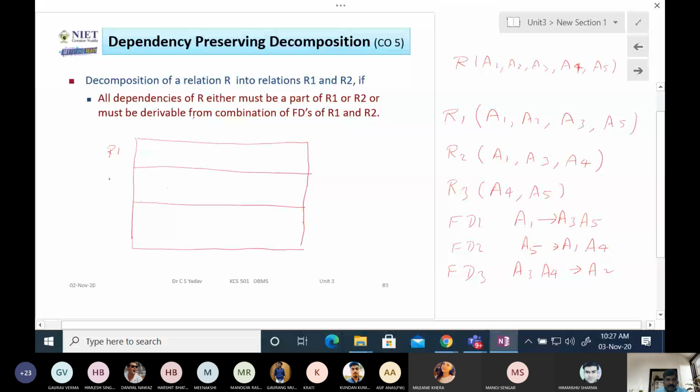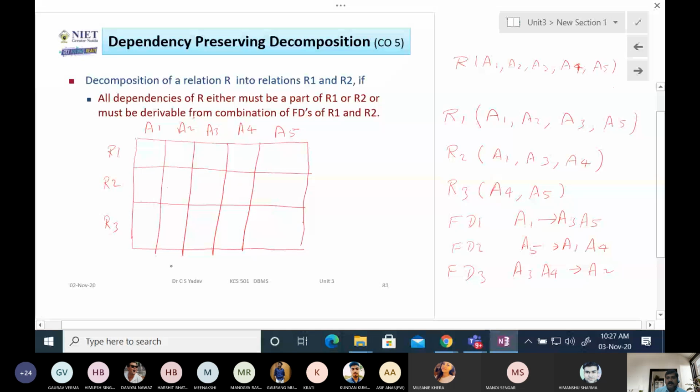This represents R1, R2, R3, and then A1, A2, A3, A4 and A5. This is the matrix of 3 cross 5.